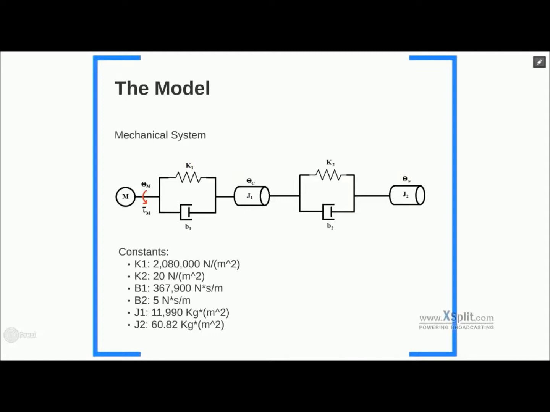Great question, Andrew. Thank you. For the constants for the beam, we used an equation for the spring constant of a solid beam, and then we got the damping coefficients from that. The inertial component was just calculated from the mass of the beam and material properties.